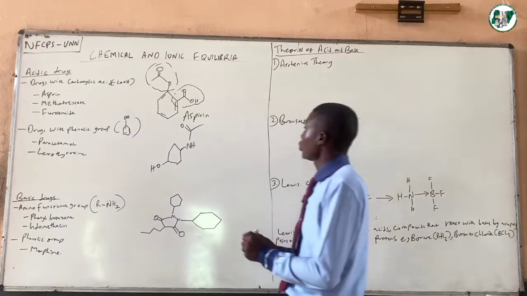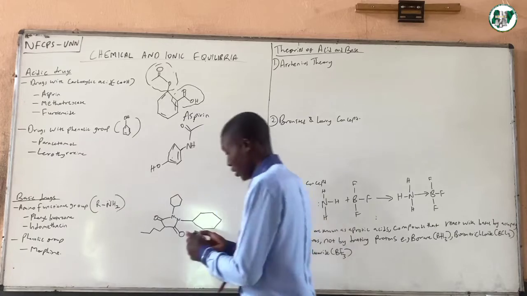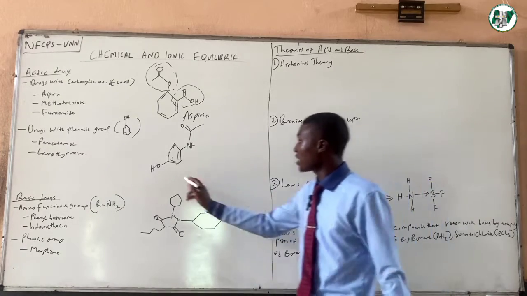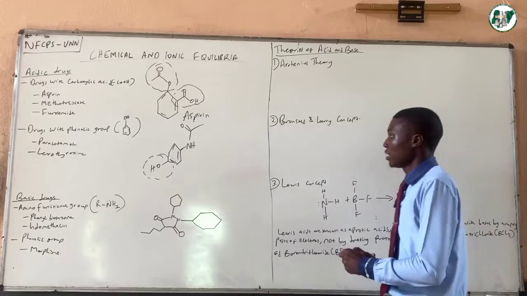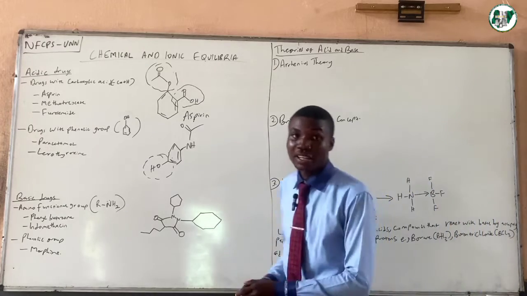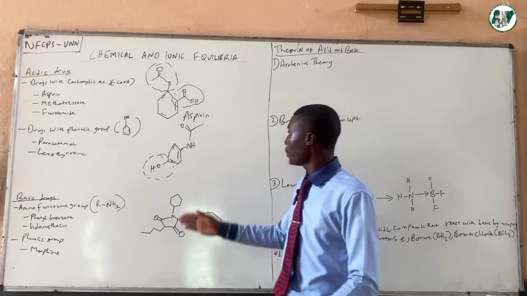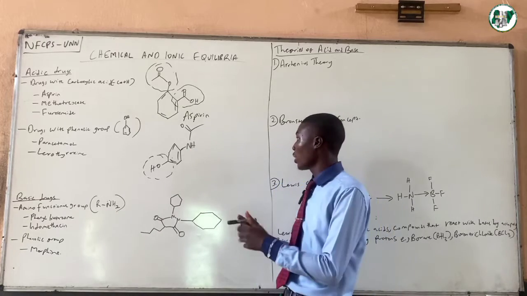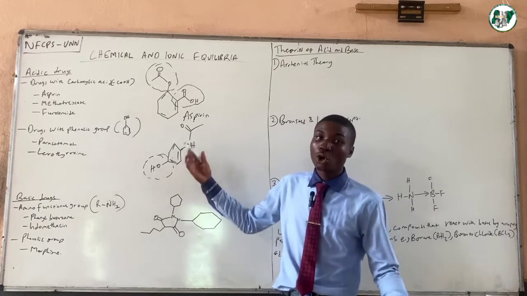All right, so this is the structure of paracetamol, and this is a benzene ring. It has a phenolic group here, and this gives it the acidic nature that it possesses. And why is it called paracetamol? Because in the placement of functional groups in pharmaceutical chemistry, in relation to the particular functional group you are dealing with, the position next to it is referred to as the ortho position.